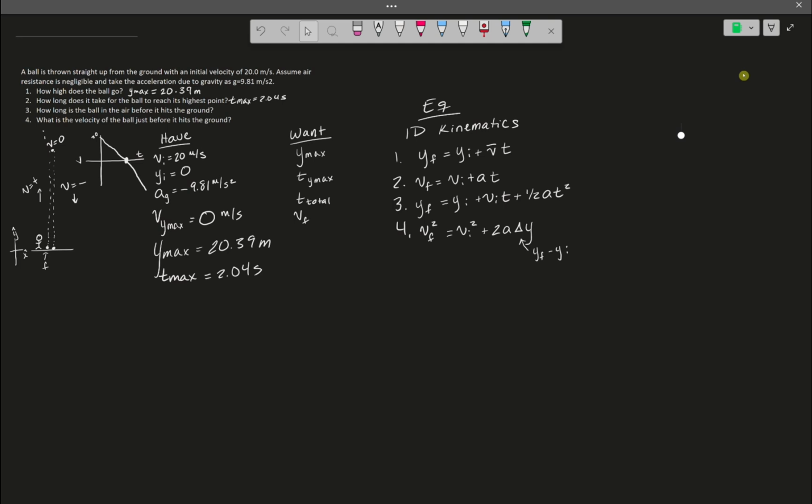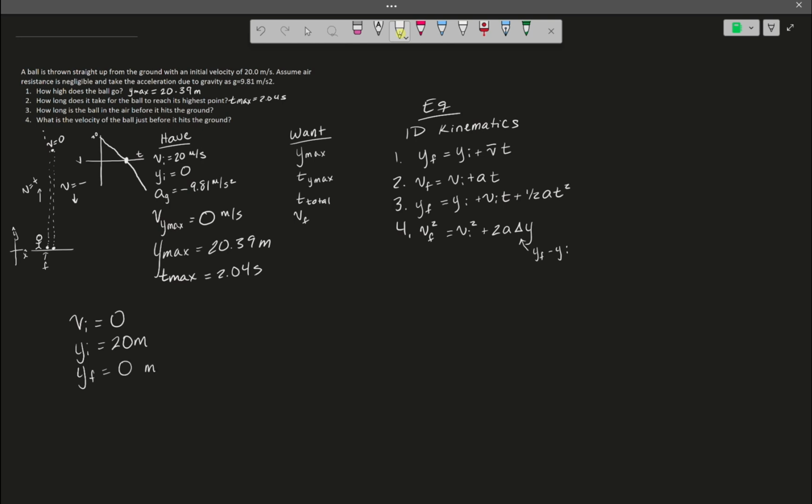So if we consider the ball being at its max height to be the initial condition, then our initial velocity is going to be 0, and our initial position is going to be 20 meters. We don't know what the velocity is going to be when it hits the ground, but we do know that the final position is going to be 0 meters, right?